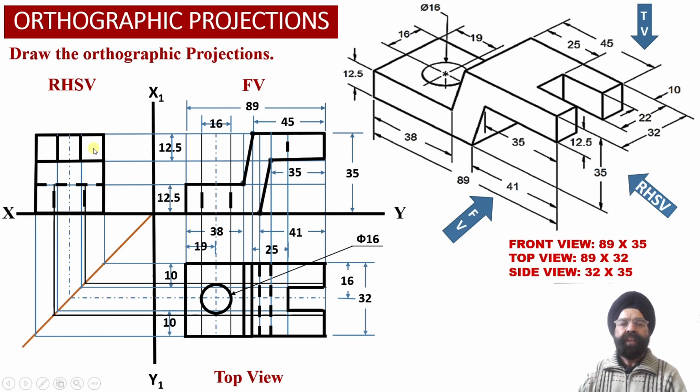This way we have obtained the front view, the top view and the right hand side view orthographic projections of this engineering object, for which we were provided the 3D isometric projection view drawing.